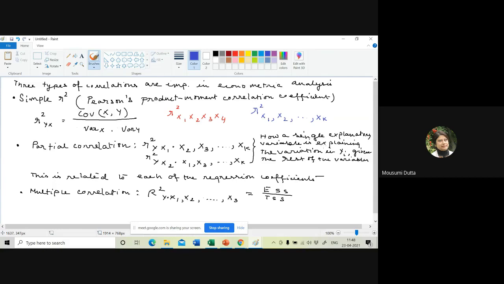The correlation between y and x1 given the rest, or it may be the correlation between y and x2 dot x1 x3 etc. up to xk. So what it is indicating? How a single explanatory variable is explaining the variation in y given the rest of the explanatory variables.